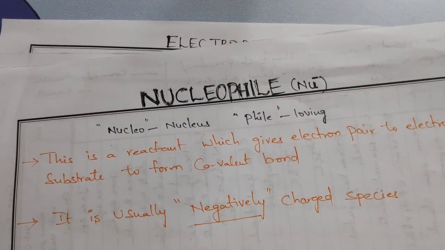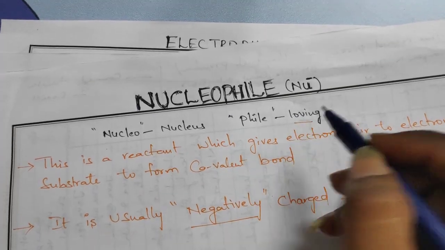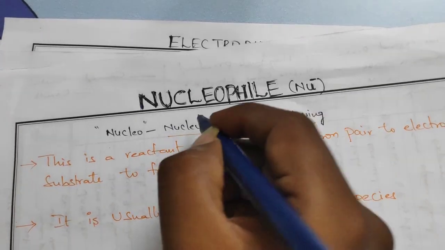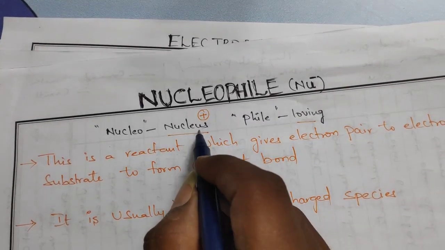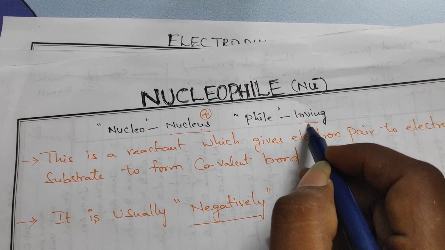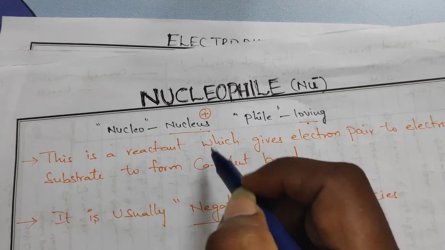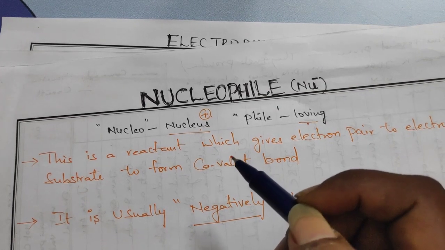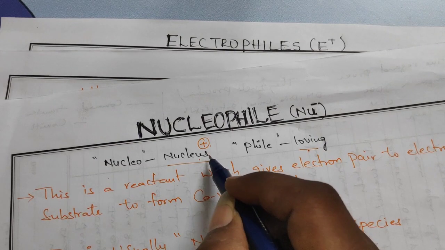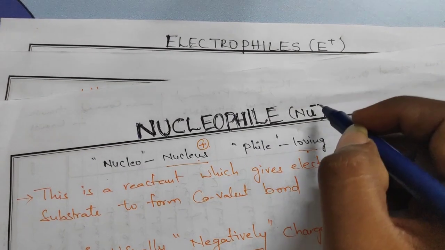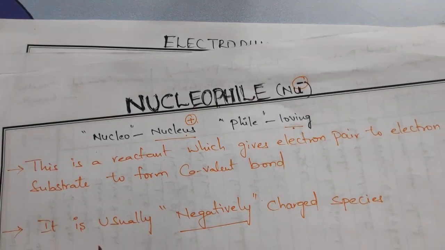By the name itself, nucleo means nucleus and phile means loving. What is the charge of the nucleus? The charge of the nucleus is positive. So it is a positive charge loving species; nucleophiles attract the positive charge. If anything attracts the positive charge, that species should be negative.